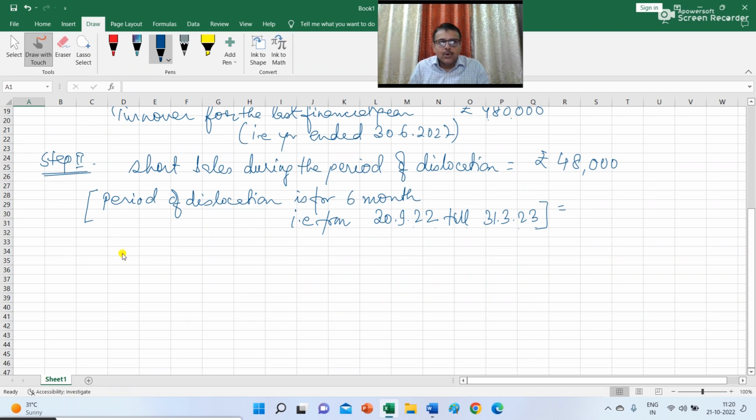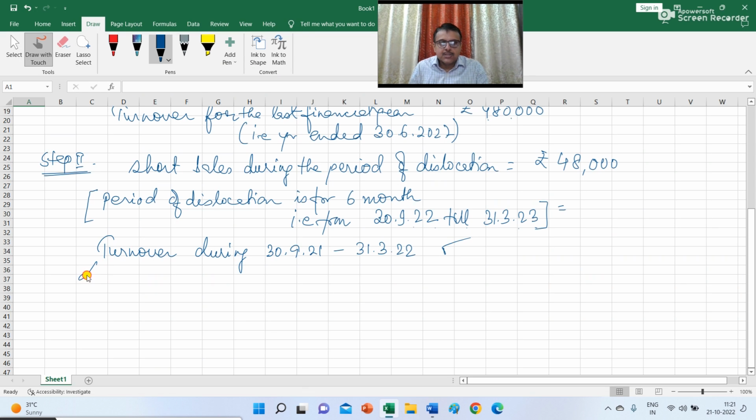Now you need to know the turnover during 30th September 21 till 31st March 22. So the turnover during the corresponding period in the previous year, you need to know.